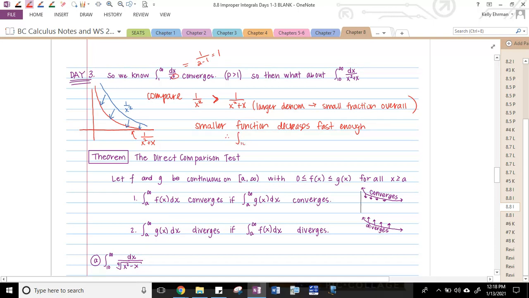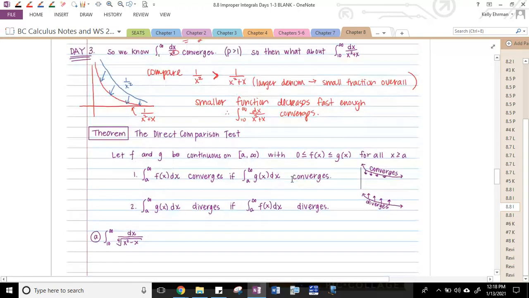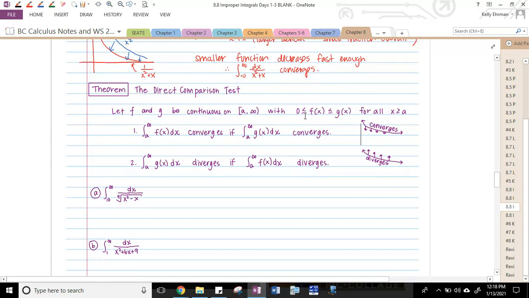Therefore, the integral from 10 to infinity of dx over x squared plus x converges. Now, we don't know what it converges to because it's not a true p integral, but we at least know that it converges. All right, so what we just kind of loosely did was the direct comparison test. So this is a theorem, and it's important to know which function is on top and which function is on the bottom.